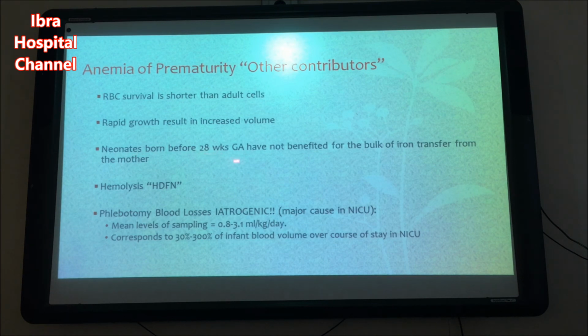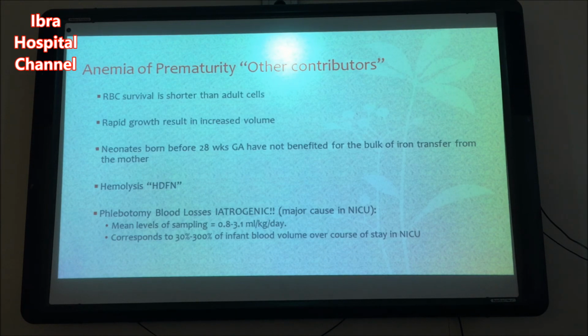Neonates born before 28 weeks gestational age have not benefited from the bulk of iron transfer from the mother. This is a very nice and important thing to keep in mind. The children up to 3 to 4 or 5 months, their diet does not usually include iron. So from where does this iron come? It comes in the last trimester of pregnancy.